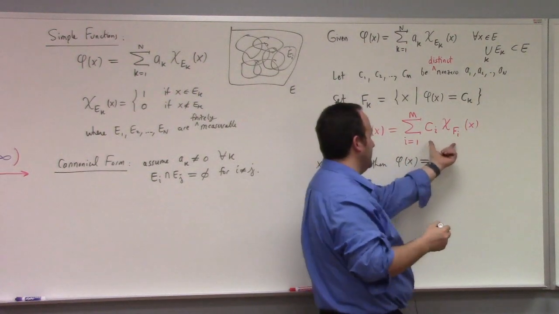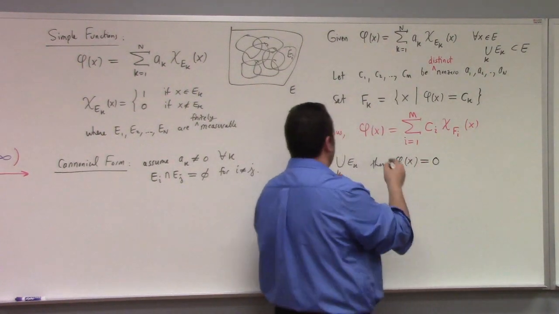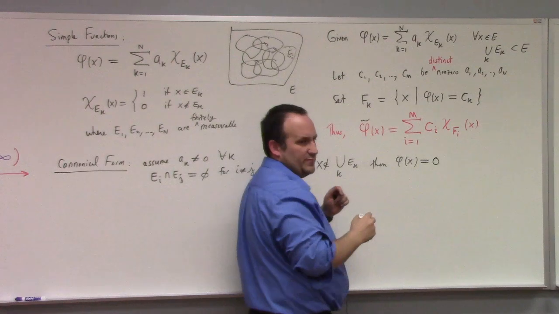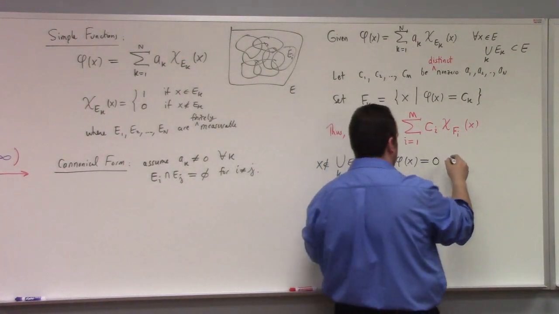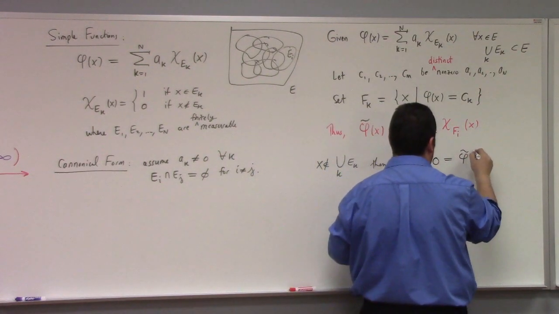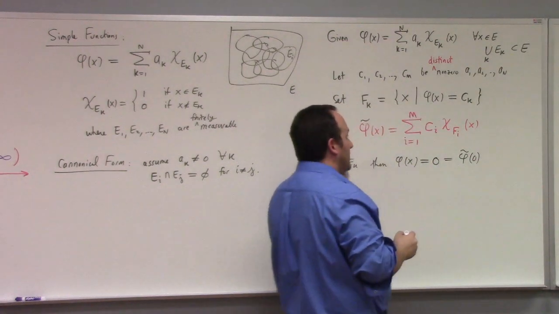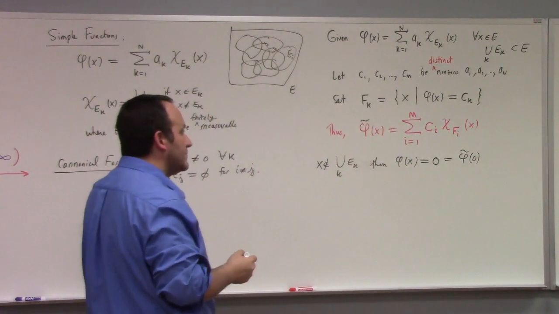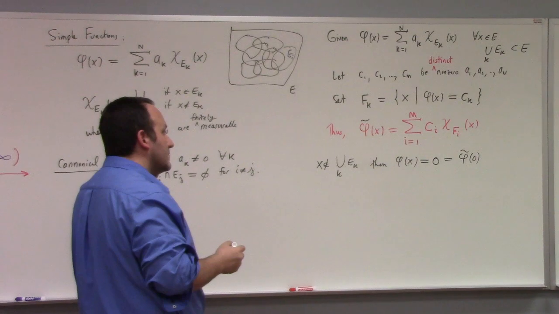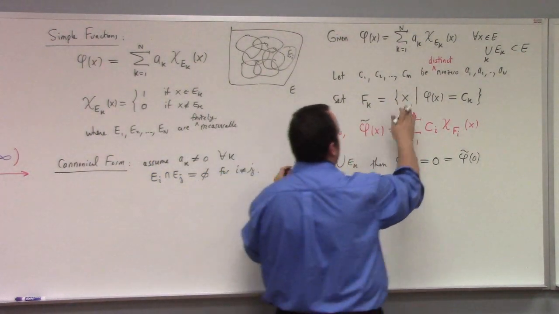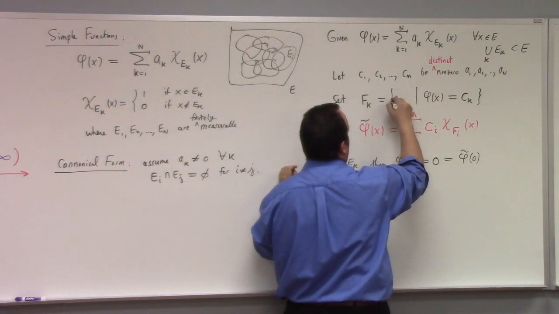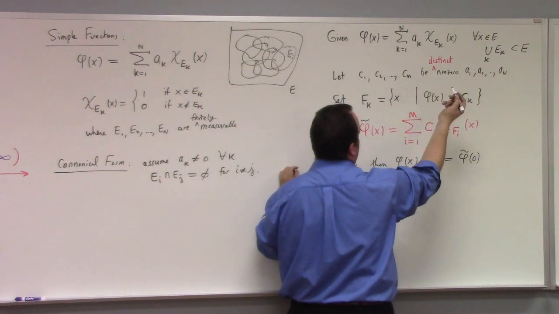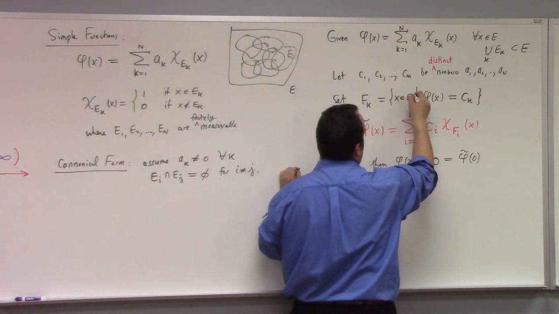But you can also see that, let me call this phi tilde for this moment, that's also equal to phi tilde of 0, right? He didn't state the universe. He didn't say where x is from, right? x is from E, yeah?